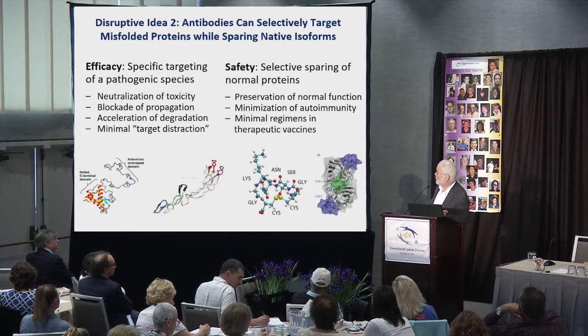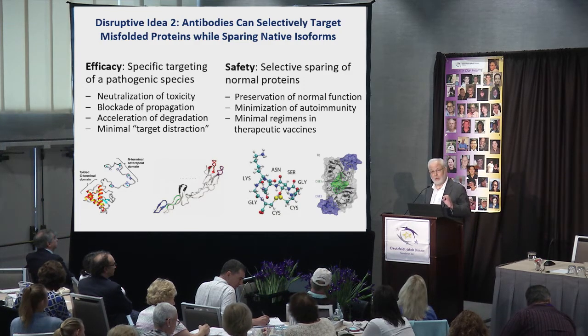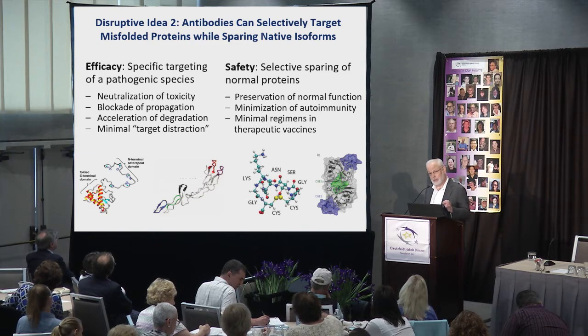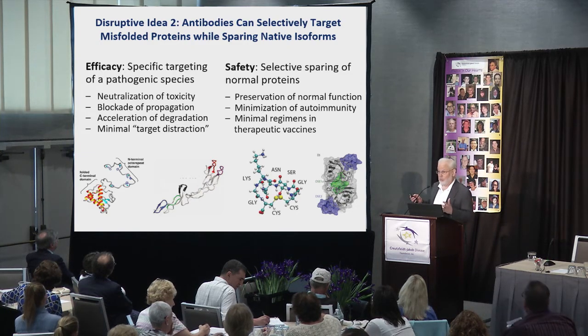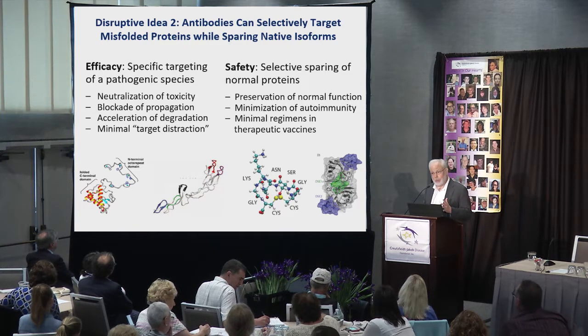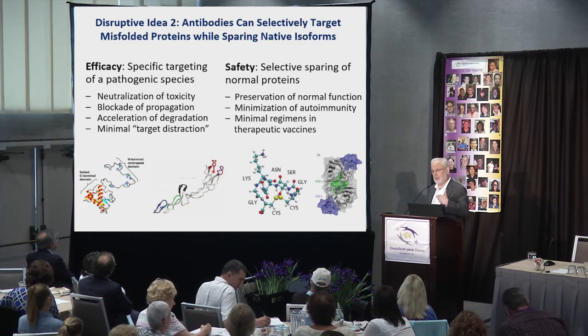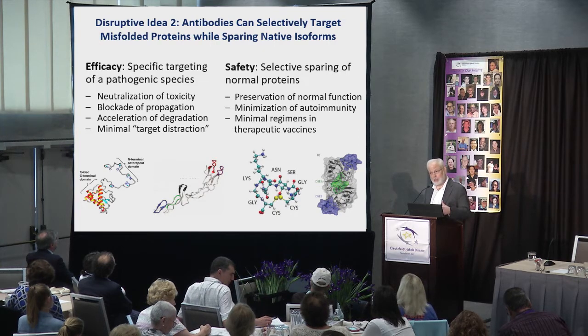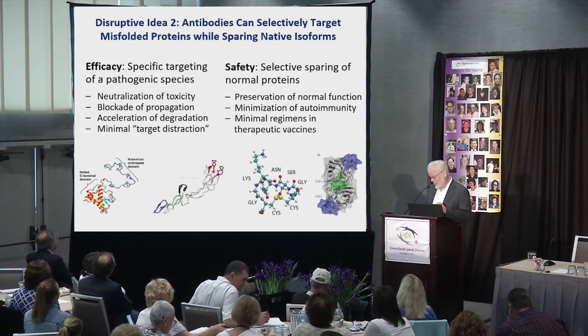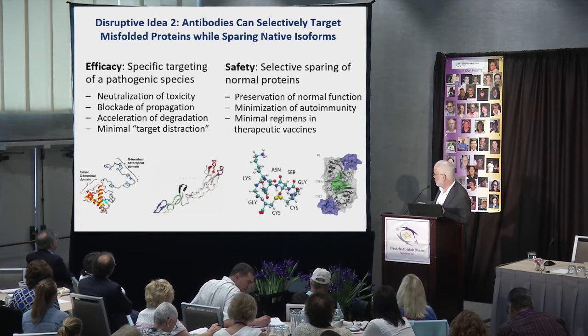There are many reasons why that would be linked to efficacy if you have such an antibody or such a vaccine, and reasons why it would promote safety because it's not reacting against the normally shaped protein, notwithstanding what Professor Collins just told us about.